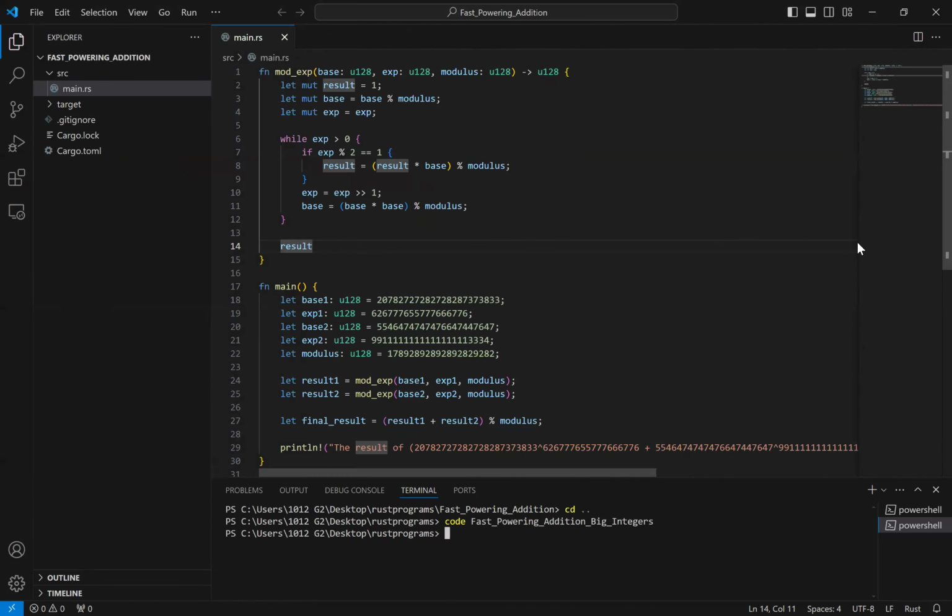Are you able to see it? Are you able to see the code? Yes. Are you seeing from the start of the function? Yeah, function mod export. Okay.